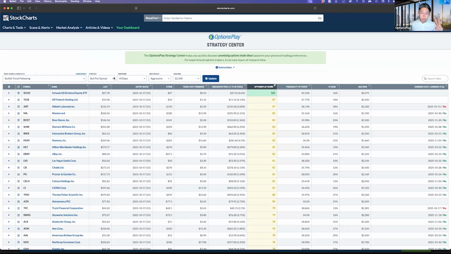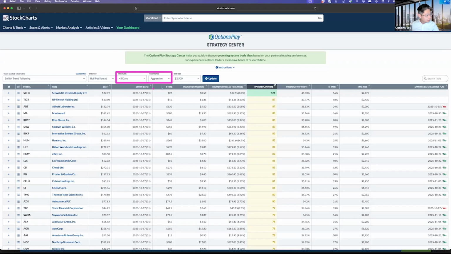So whether you select either one of those, we will default for you the 45-day time frame and the aggressive risk profile, which is based on our best practices and our back testing shown to be the best parameters for this specific strategy. So it automates everything for you.